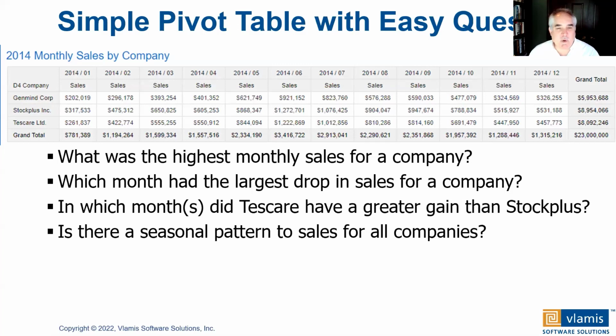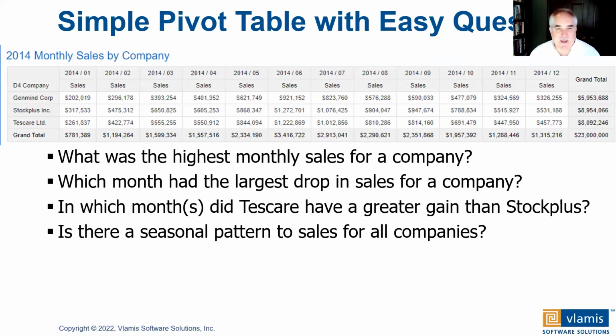we have some questions. What was the highest monthly sales for a company? If you guys could just answer in the chat, which one of these companies, GenMind, StockPlus, or TestCare, had the highest monthly sales. And then once you've found that, just answer which month had the largest drop in sales for a company.